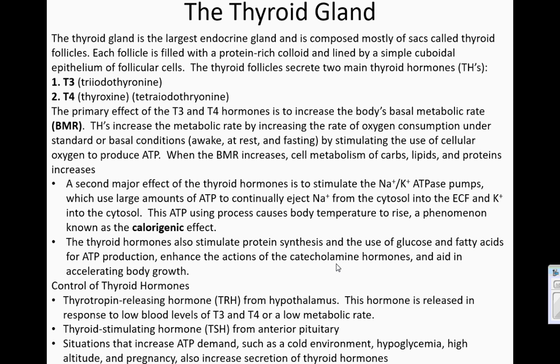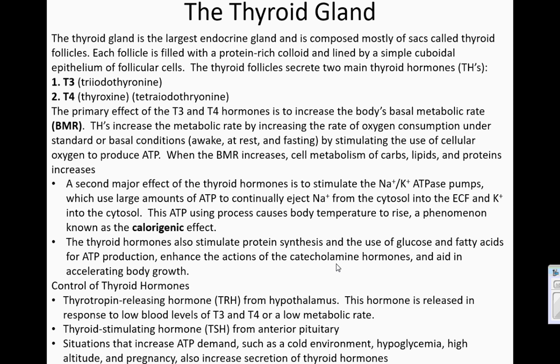How this is done is by stimulating the use of ATP production through the use of oxygen. And we make ATP from carbs and fats and a little bit of proteins once in a while. So when our BMR increases as a result of T3 and T4, we metabolize those carbs, lipids, and proteins.